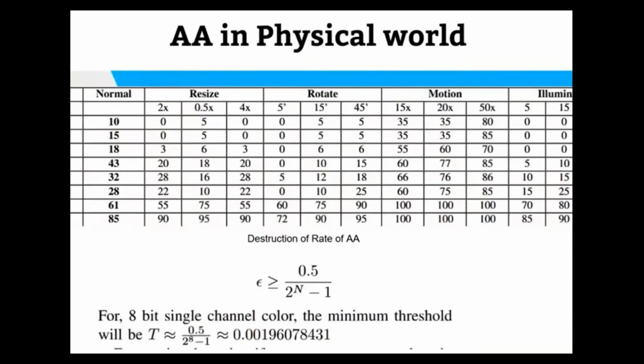We also increased the brightness of the image and printed it out, and that also destroyed the adversarial effectiveness. Here I show the resize scale, here the degree of rotation, here the blurriness level, and here the brightness level.